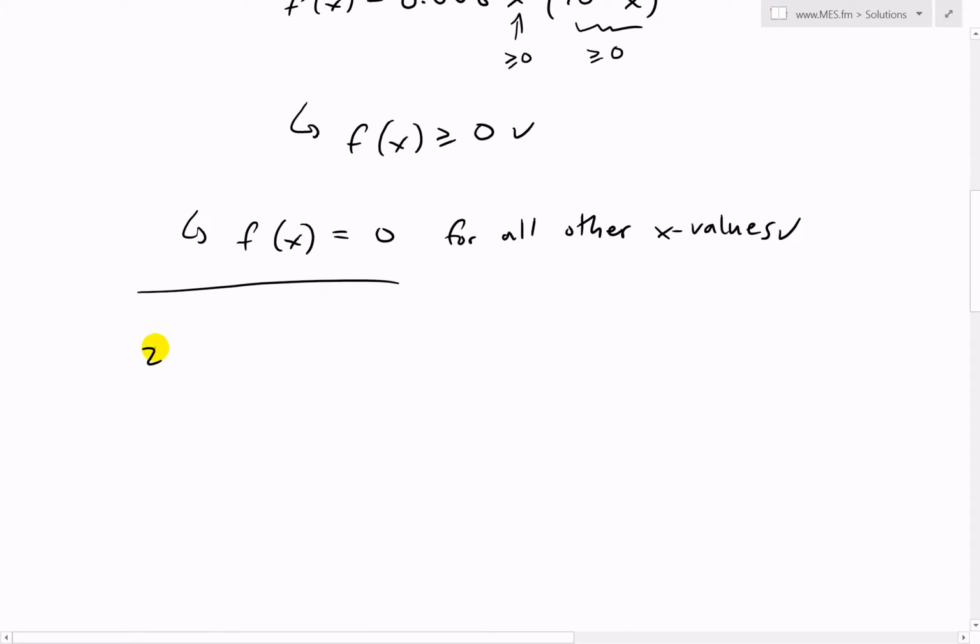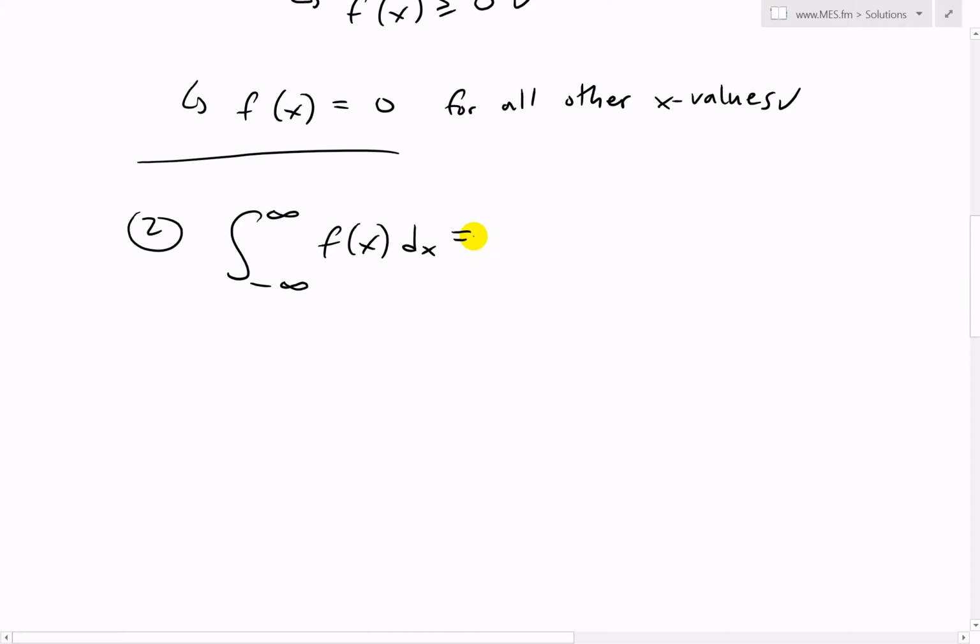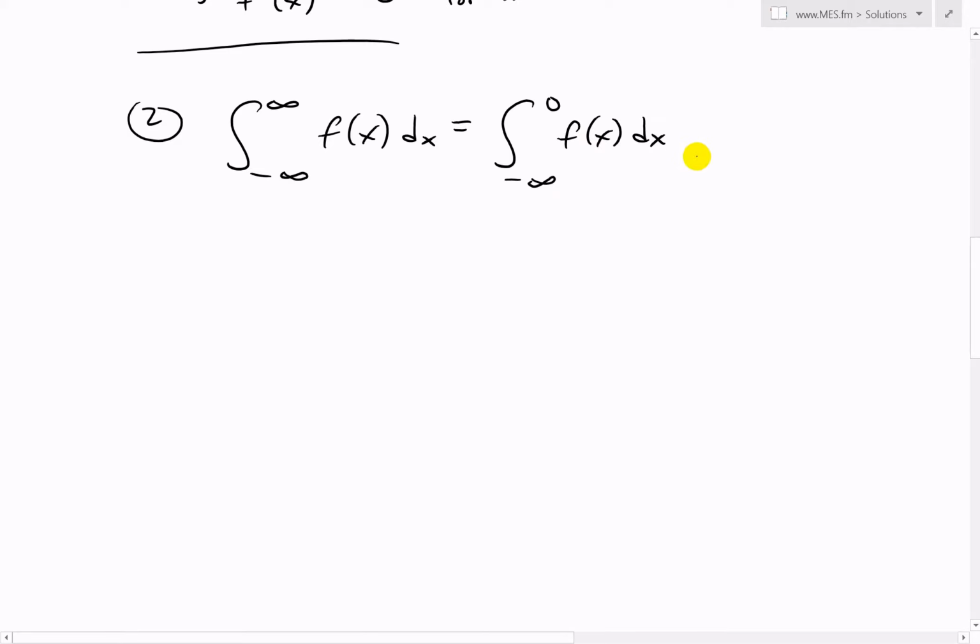The second one is to look at the interval from negative infinity to infinity and look at the area, the integral of f of x dx. We can write this to be 100% complete: the integral from negative infinity to 0 of f of x dx, plus the integral from 0 to 10 of f of x dx, plus the last one, from 10 to infinity of f of x dx.